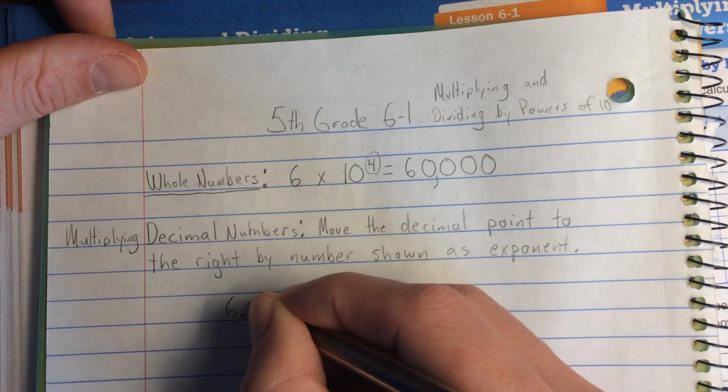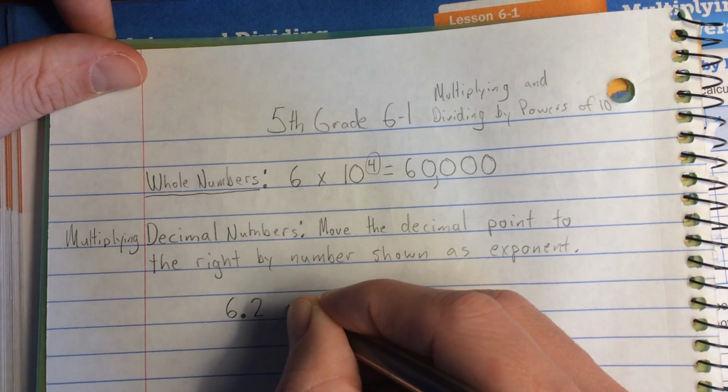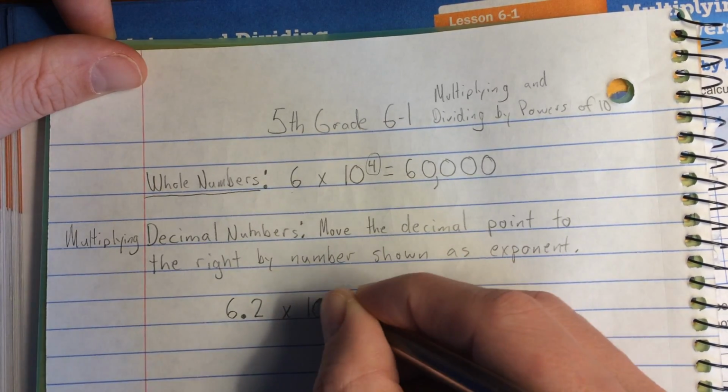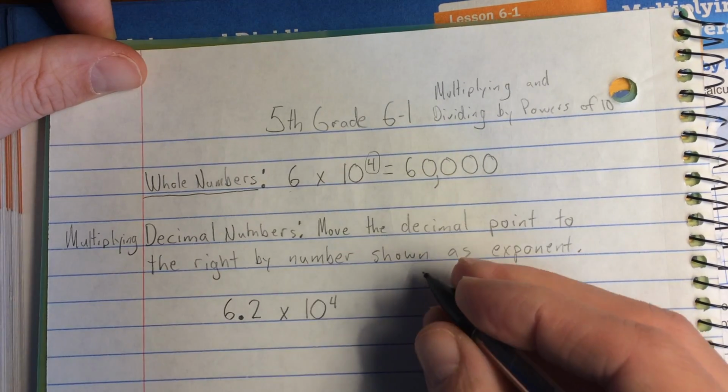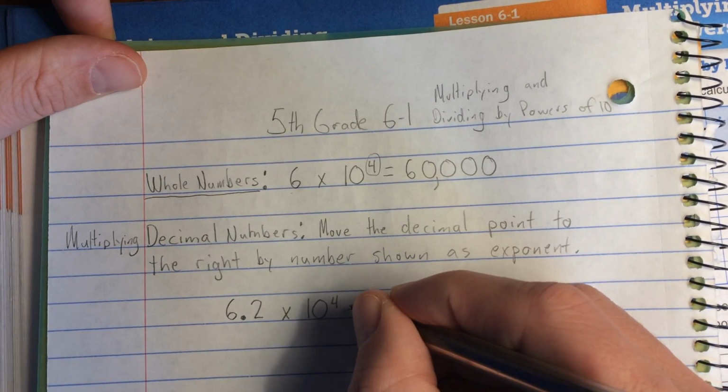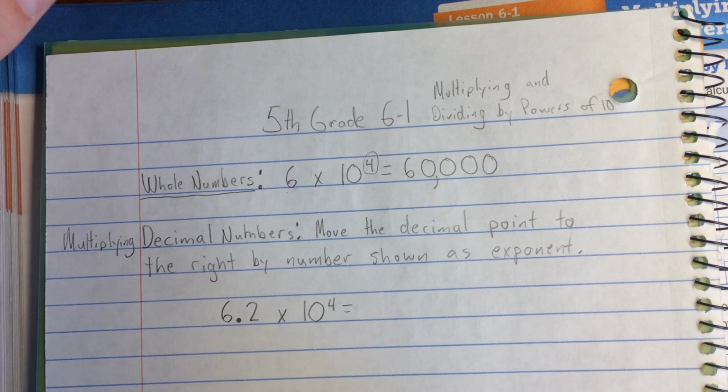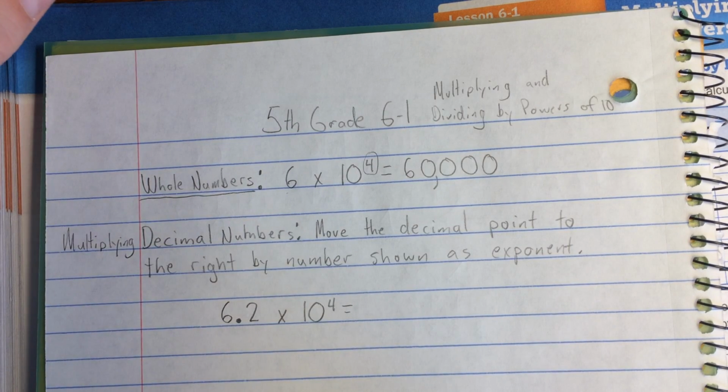So what if it's 6.2 times 10 to the 4th power? What do we do there? Because if we follow our old way, we're going to end up with the wrong answer. We're going to end up with maybe 620,000 possibly, and that just won't make sense.